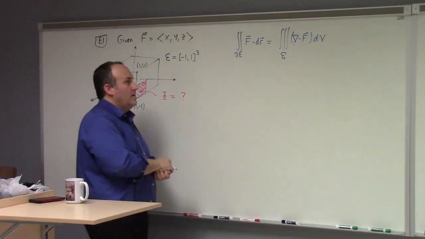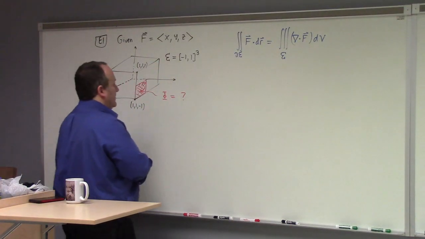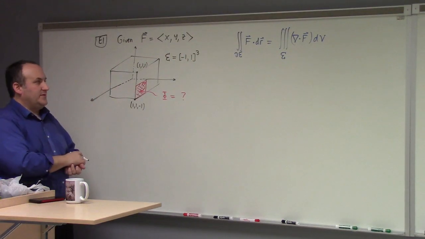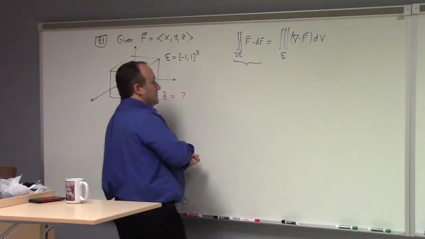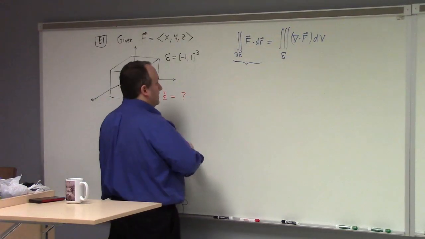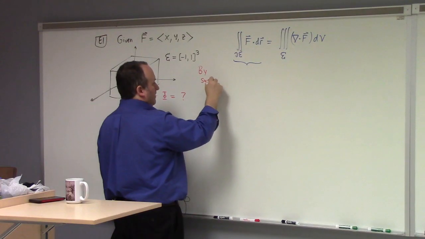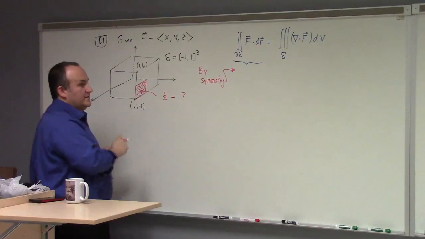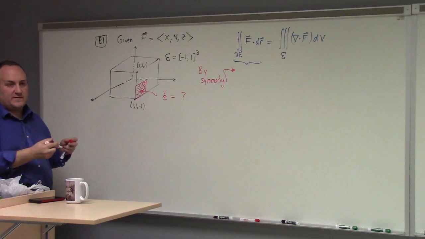All right. So there's various ways to go about this, but I'd like to point out something by symmetry. This is equal to what? How many times the flux in that quarter face must the total flux be?